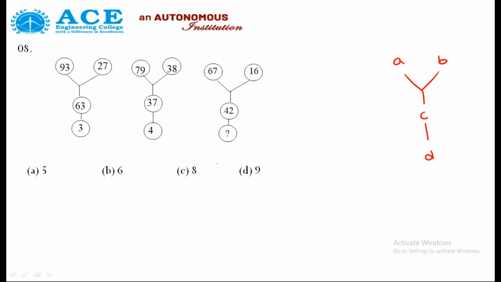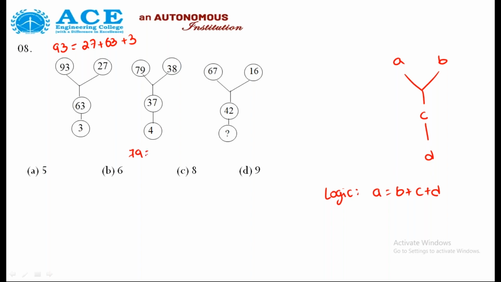Check the logic. If you observe, my dear friends, the logic is nothing but A equals B plus C plus D. Adding the remaining, you will get A. 93 is 27 plus 63 plus 3.